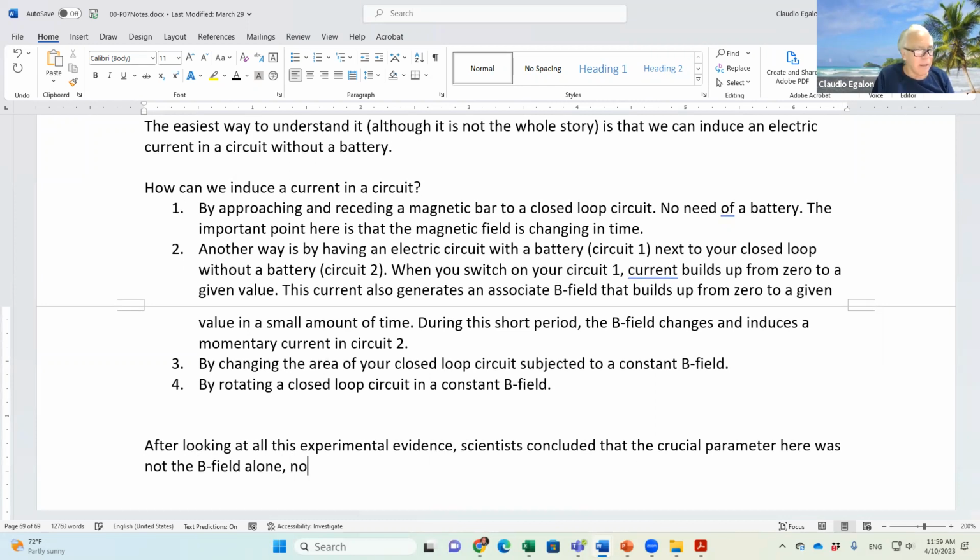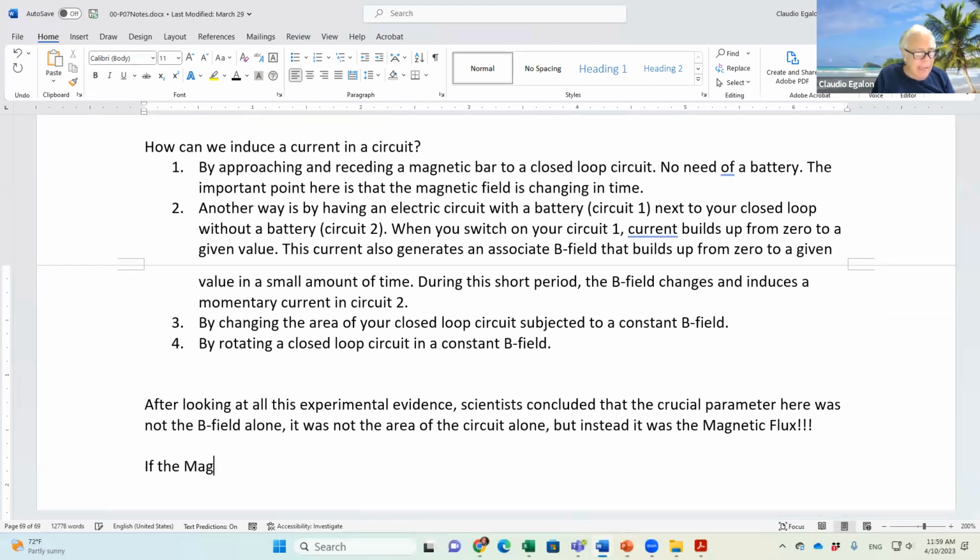It was not the area of the circuit alone, but instead it was the magnetic flux. So if the magnetic flux changes in time, you induce an electric current in a closed circuit.